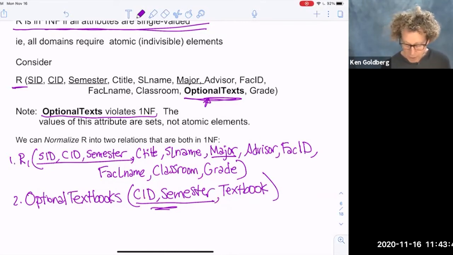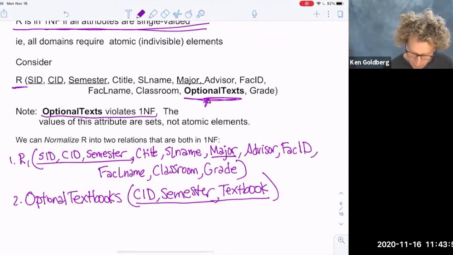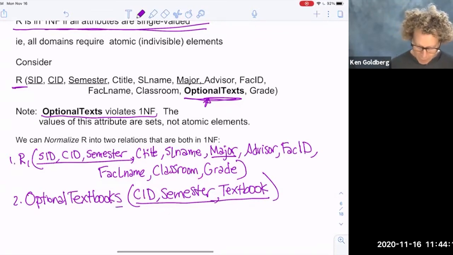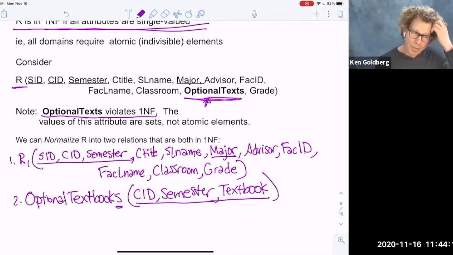But I can fix that by making the candidate key the combination. The combination of all three of those will always be unique for every row, for every tuple. So that's how we handle it. By the way, if you remember how you do the conversion from EERs, I made a point about wanting relation names to be singular, not plural.